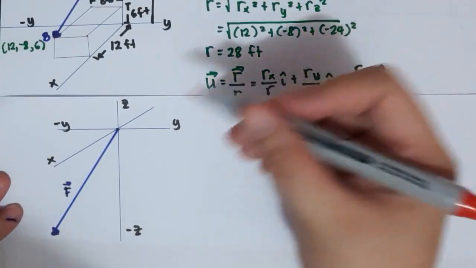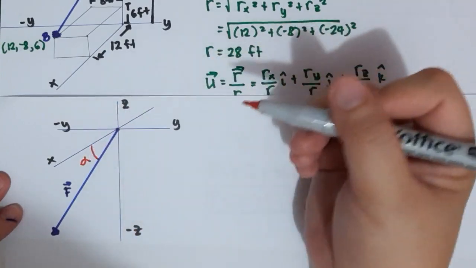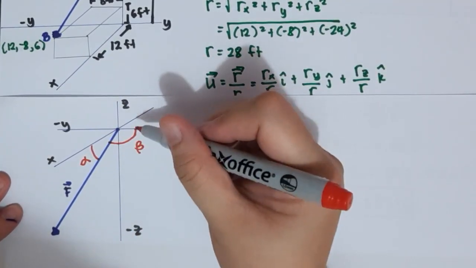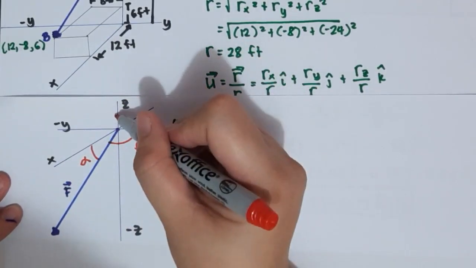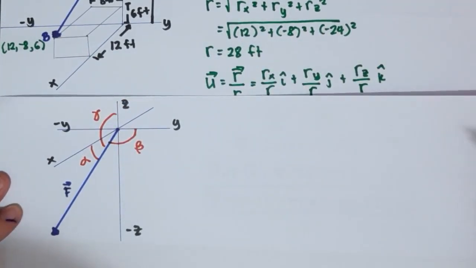So here we will get alpha. We will get beta, and since our vector is in negative y, that will be higher than 90 degrees. And we will also get gamma, that is also higher than 90 degrees because our vector is in negative z. So let's solve.